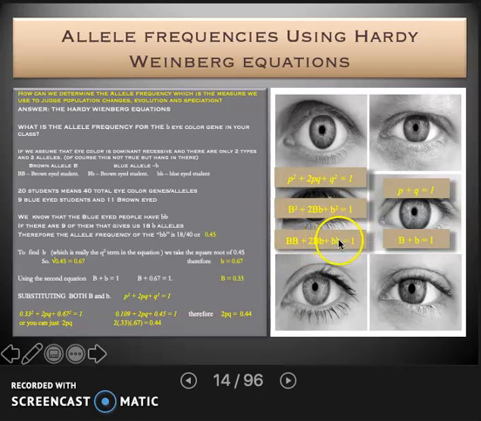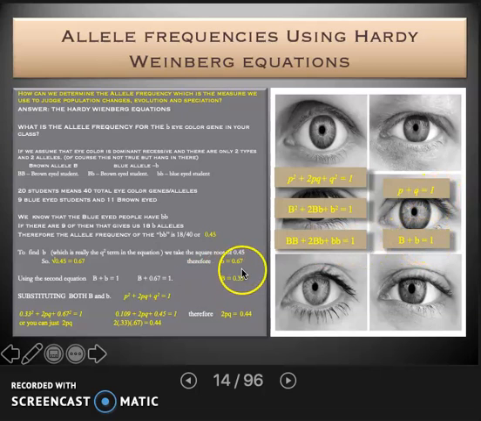I know this because I can identify the blue-eyed individuals. In fact, little b squared represents 0.45 of that population. Now, in order to find little b itself, I have to take the square root of 0.45. That gives me 0.67, which means the allele frequency of little b is 0.67. Now going to the other equation, p plus q equals 1, or big B plus little b equals 1.